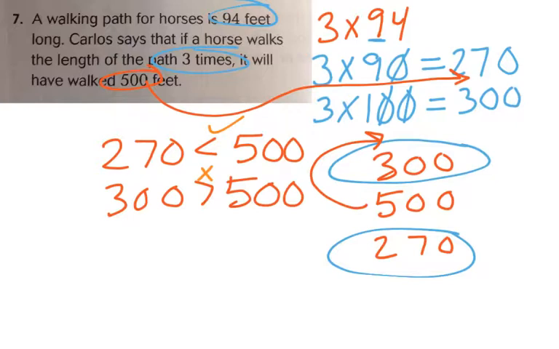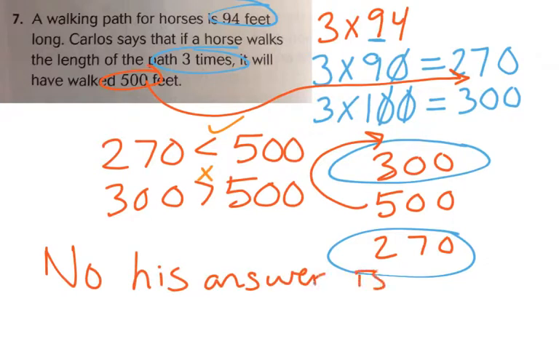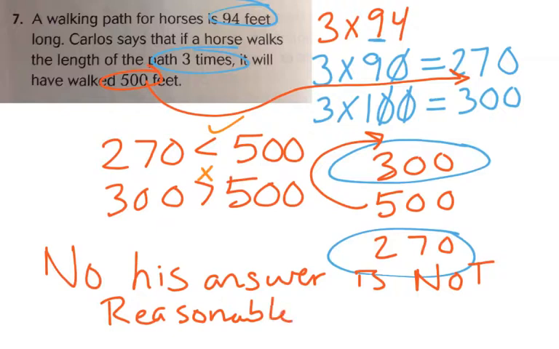Okay, so my 500 is too big. It does not fit in the middle of my range. So no, his estimate, or his answer, is not reasonable. It does not fit within my high and my low. It doesn't fit within my range.